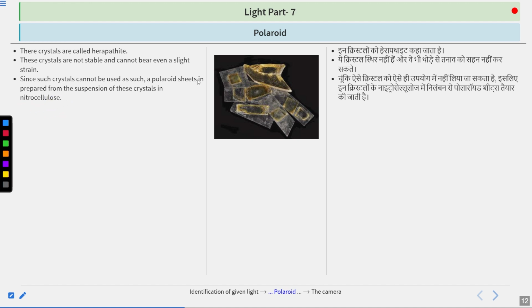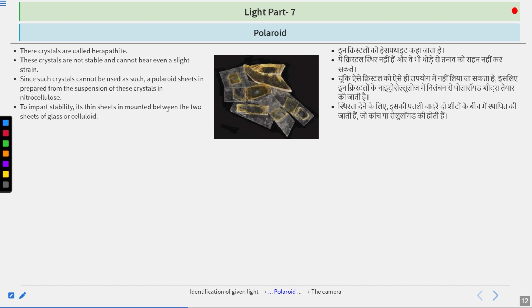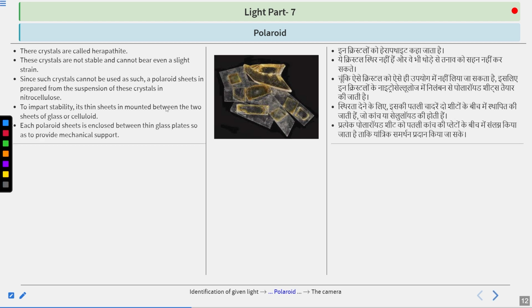So that's how we prepare a Polaroid sheet. To impart stability, its thin sheet is mounted between two sheets of glass or celluloid. Each Polaroid sheet is enclosed between thin glass plates so as to provide mechanical support. So that's why they should not break while doing the activity.